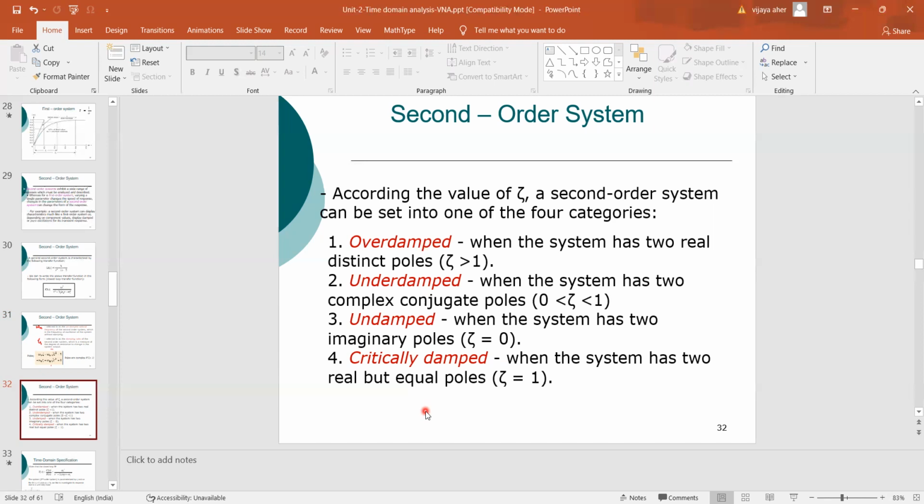When zeta is changing, you will get four categories of second order system. So these second order systems have four categories depending on value of zeta: when zeta is equal to 0, when zeta is equal to 1, when zeta is less than 1, when zeta is greater than 1. So all 4 categories you are going to study in detail. In next lecture, we'll see all these things.